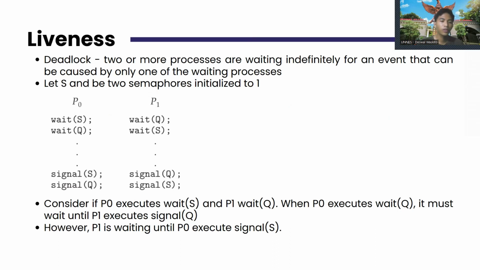Consider if P0 executes wait(S) and P1 executes wait(Q). When P0 executes wait(Q), it must wait until P1 executes signal(Q). However, P1 is waiting until P0 executes signal(S).